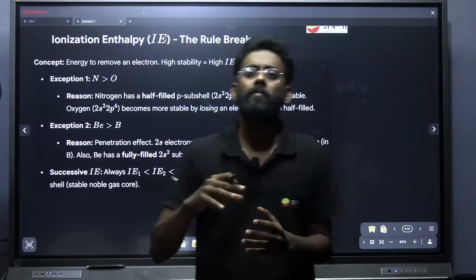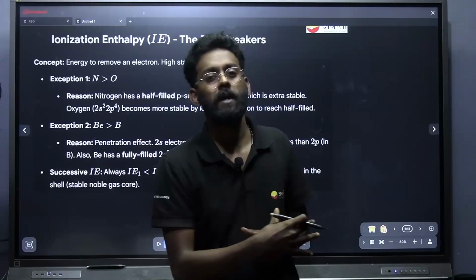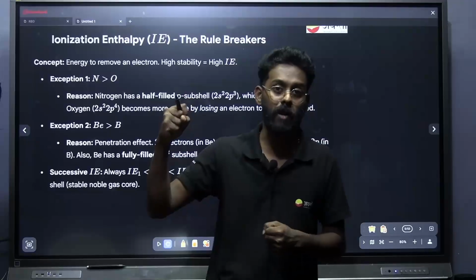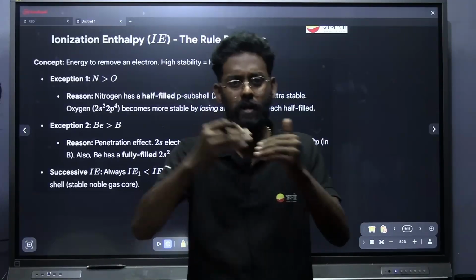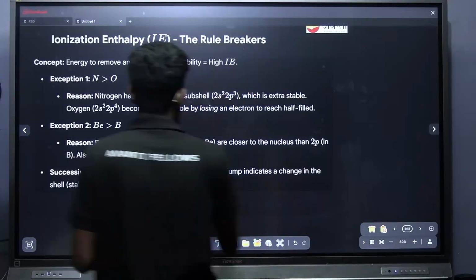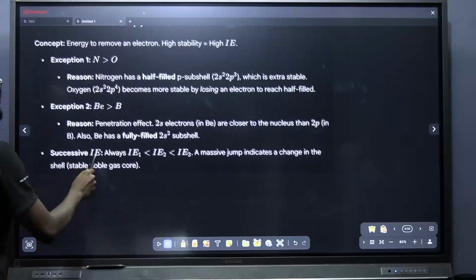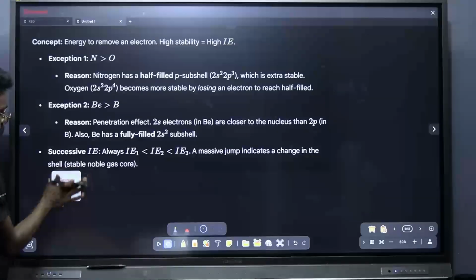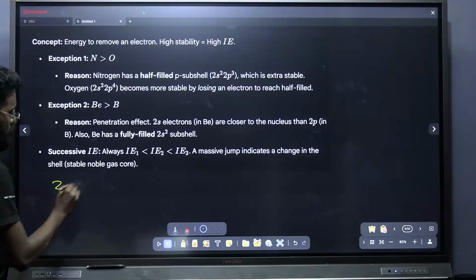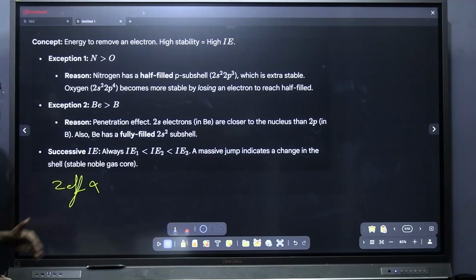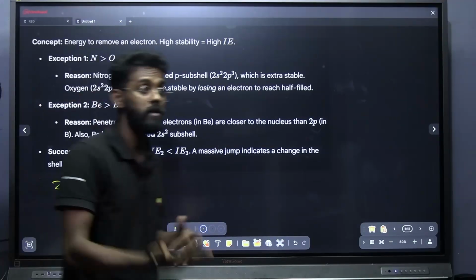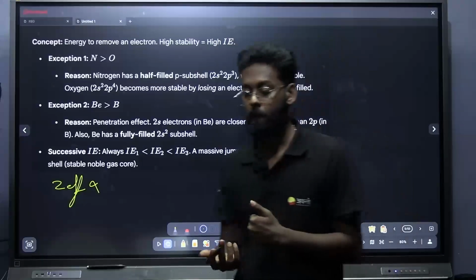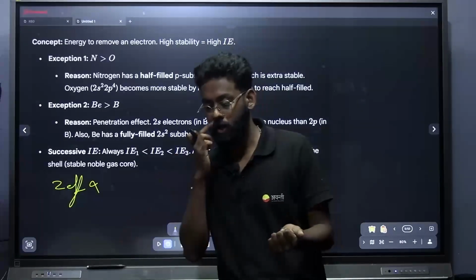And if the electron is more closely attracted to the nucleus, then we have to supply more energy to remove the electron. Which means I can make a relation here: what is the relation between Z effective and ionization enthalpy? Higher the Z effective, ionization enthalpy will be lower or higher? Can anyone let me know in the chat box?